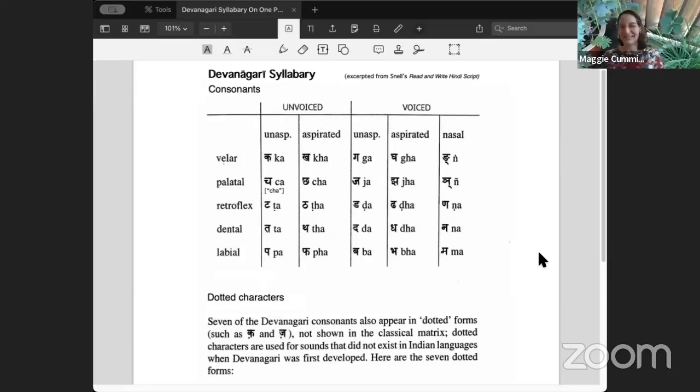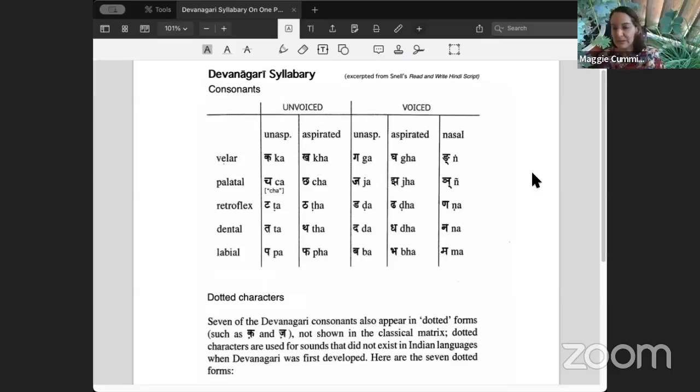Did you feel air coming out on your first letter? Because I heard it. Yeah, I did. That's better. So try the ga again. Ga, no air. That's good.